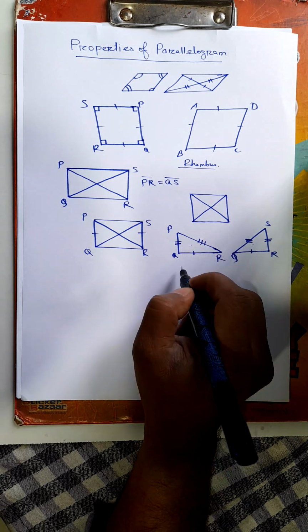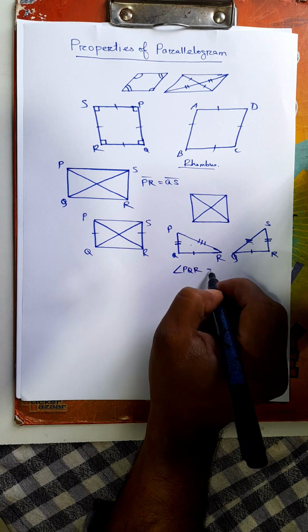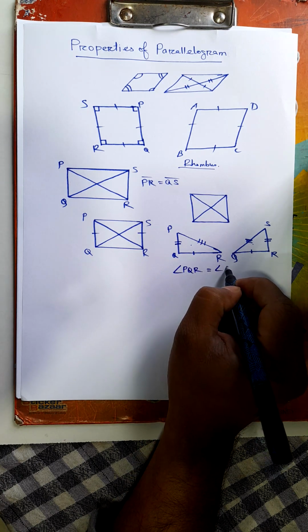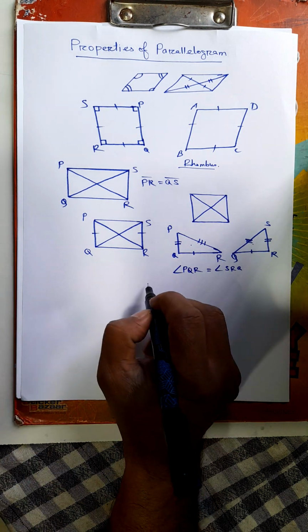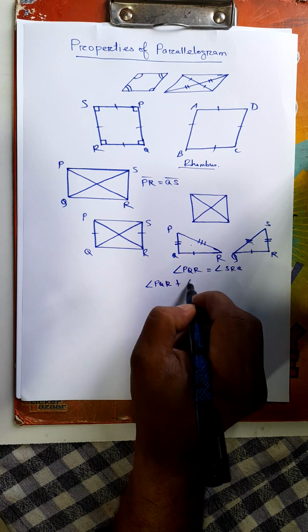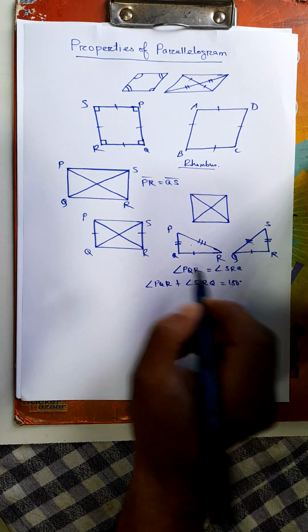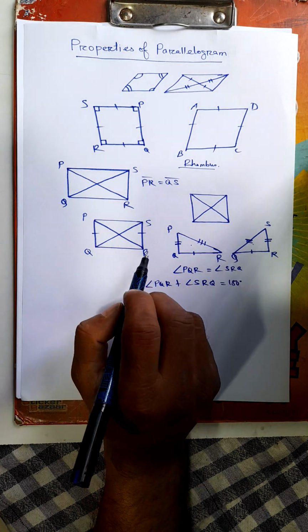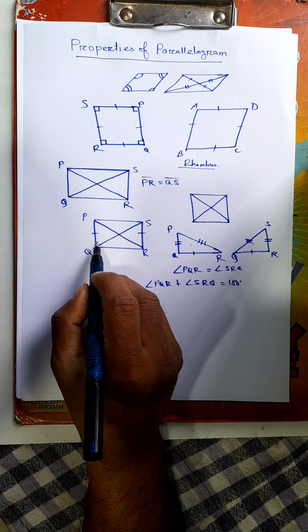Now, if they are congruent, corresponding parts are equal. Angle PQR equals angle SRQ. But angle PQR plus angle SRQ equals 180 degrees. In a parallelogram, a pair of adjacent angles are supplementary.